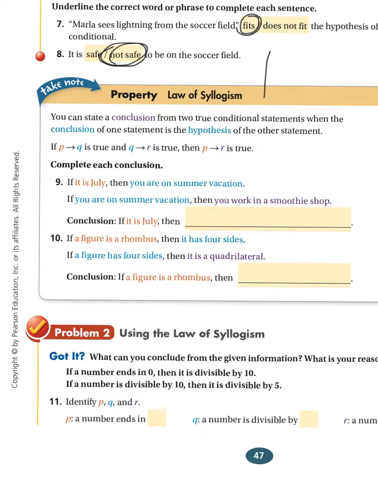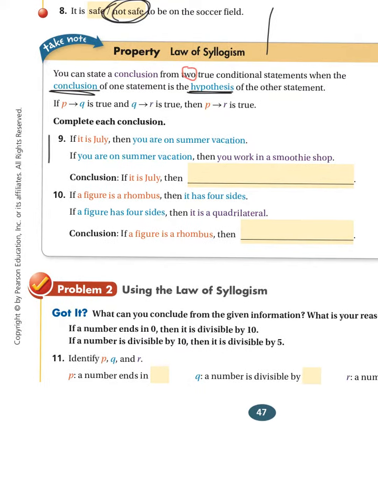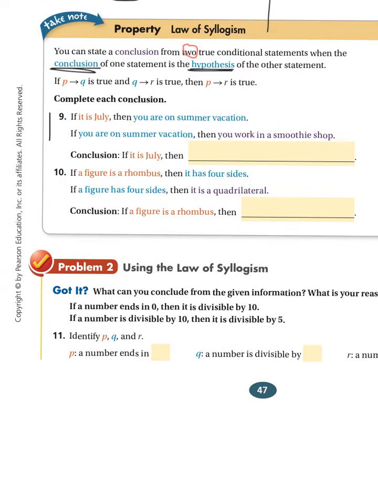This one says you can state a conclusion from two true conditional statements when the conclusion of one statement is the hypothesis of the other. The conclusion of one statement is the hypothesis of the other. You'll see it here in a sec. I just want to show you the examples on this one. If P then Q, if Q then R, then if P then R is one way to put it, but I think it's easier to see it this way.